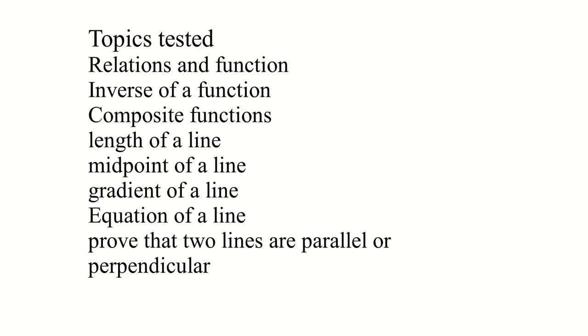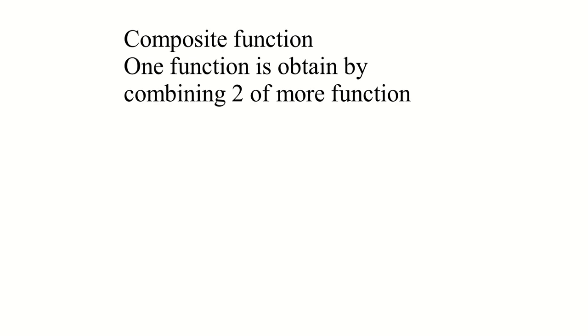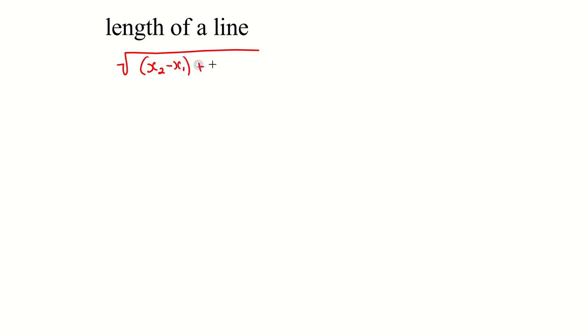Alright, so for length of a line, the formula that you have to remember is the square root of (x2 minus x1) all squared plus (y2 minus y1) all squared.